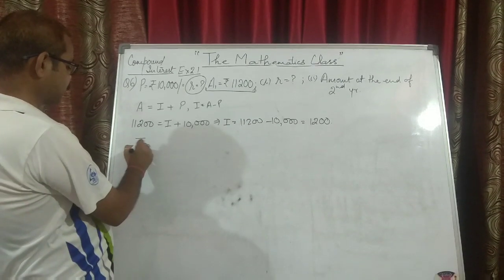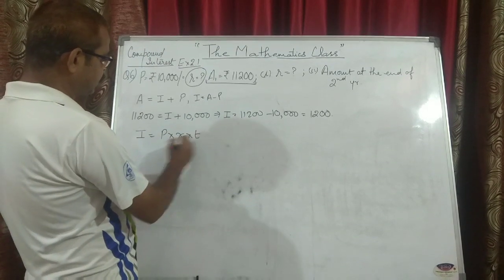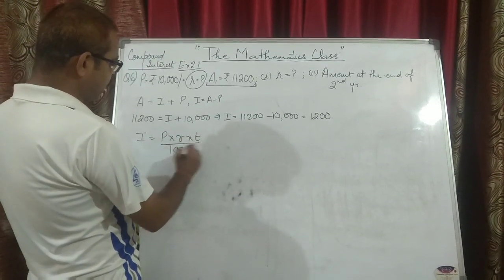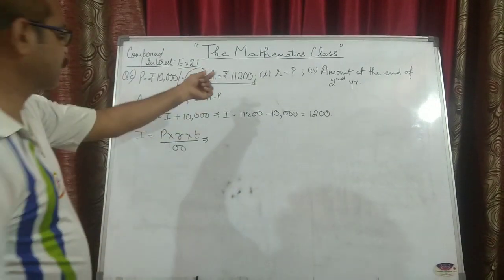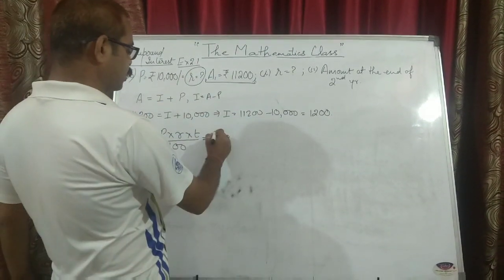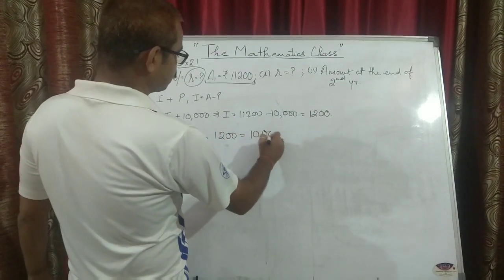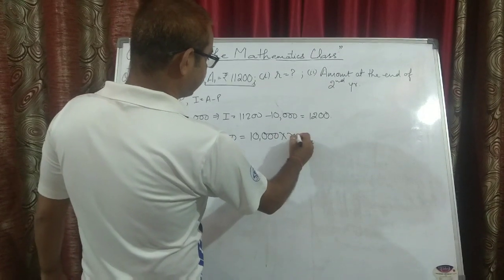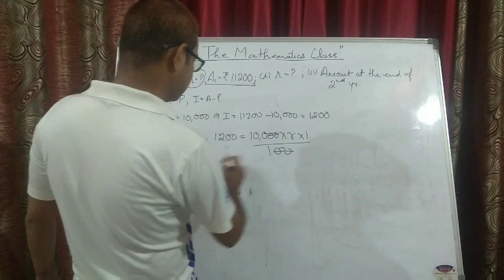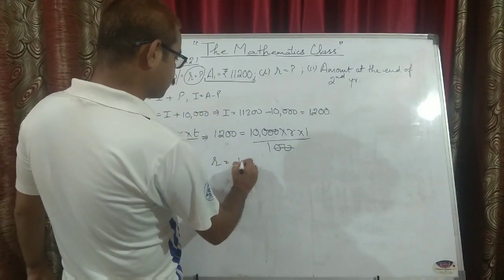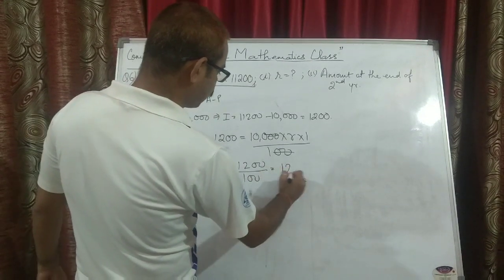Interest is equal to P into R into T upon 100, and time is 1 year because at the end of the 1 year it becomes 11,200. So 1,200 equals principal 10,000 into rate, which we have to find, into time 1 upon 100. Zeros cancel. So R is equal to 1200 upon 100, it means 12%.